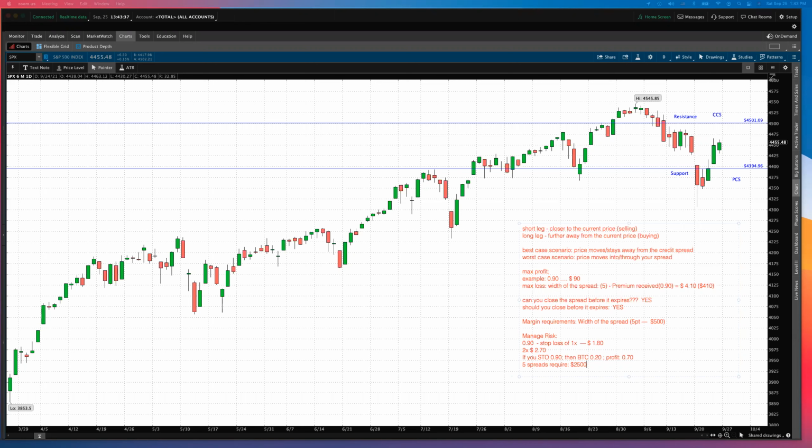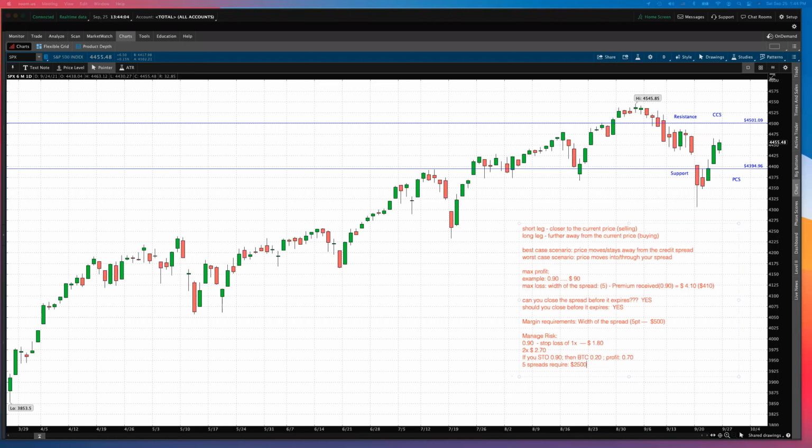My high is 90 cents, and my low, best case scenario, would be 0, but 20 cents in this particular case. If the value of my spread goes above 90 cents, I start to lose money. You with me? I'm losing money when the value of my spread is increasing.